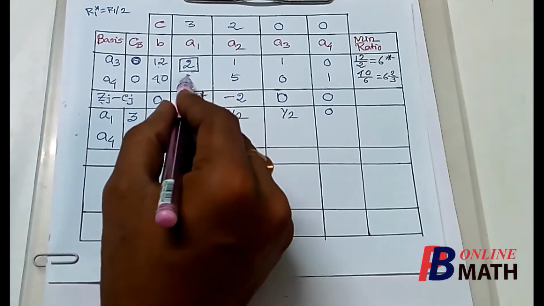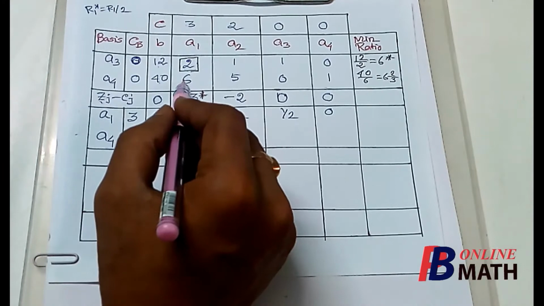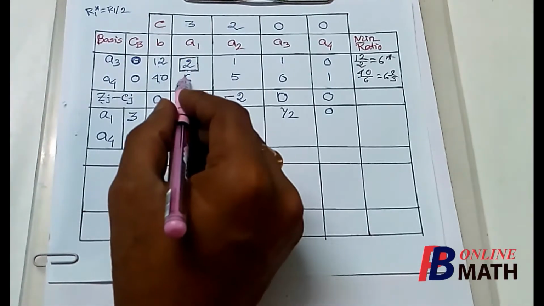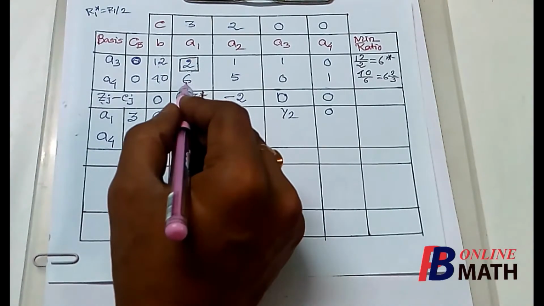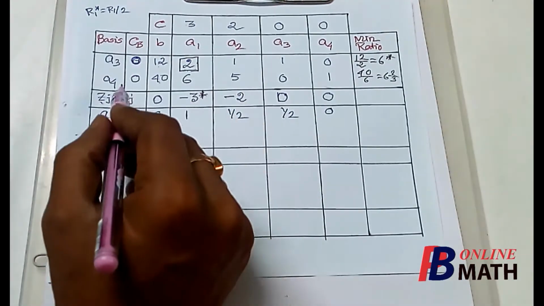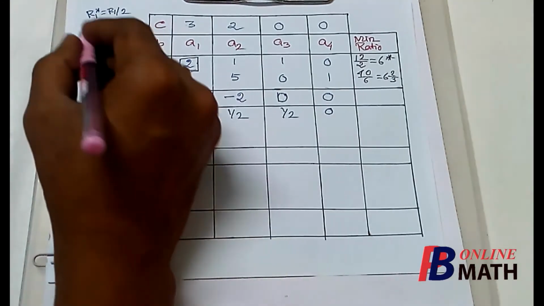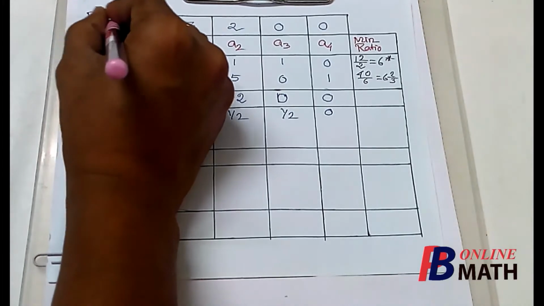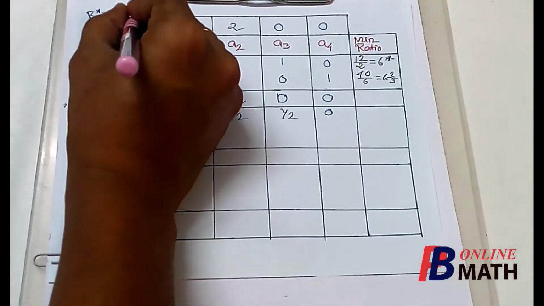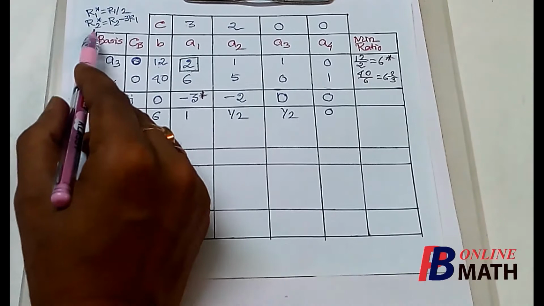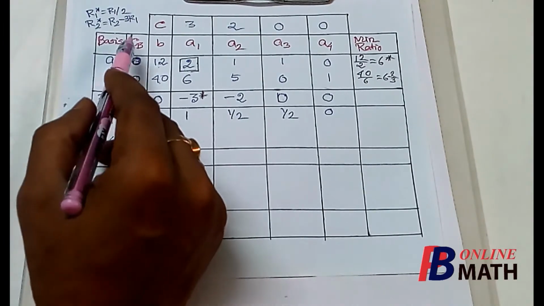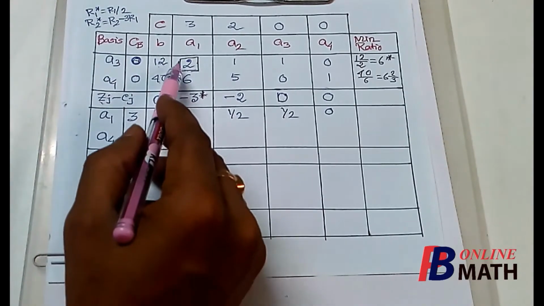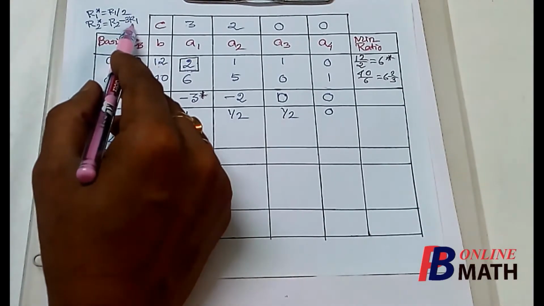Next we have to make this element 0 by using this element, by using a row operation. Now this can be done using this row operation, r2 star equal to r2 minus 3r1. If we apply this row operation, r2 star will be the second row minus 3 times the first row.